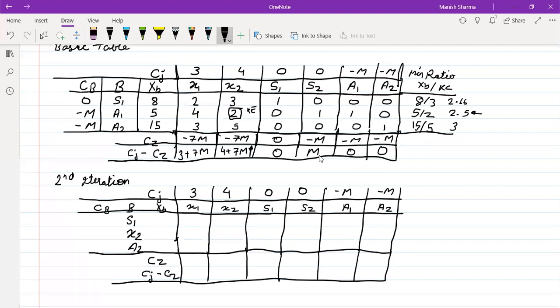Then the Cb coefficients remain the same: 0 for S1, coefficient of X2 is 4, and A2 is minus M. Okay, so this we have done. After this, we have to find the values of X2. For X2, we will divide this row completely by the key element. So this will be equal to 5 by 2.